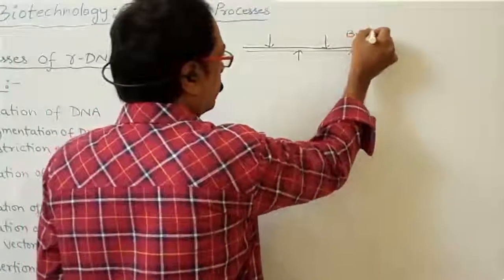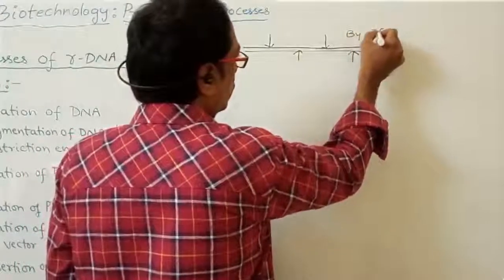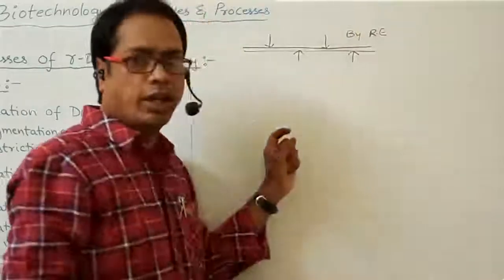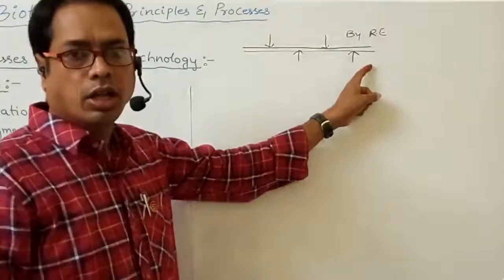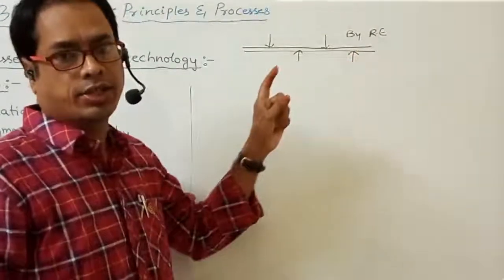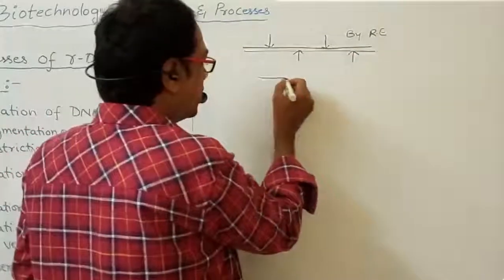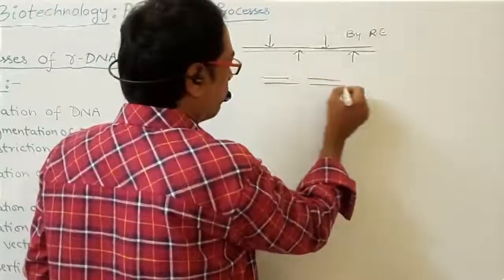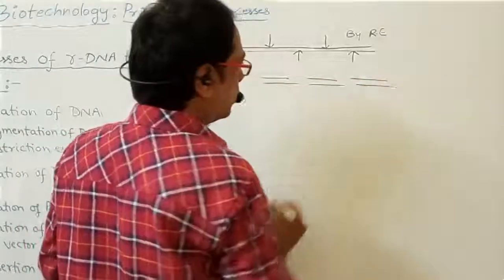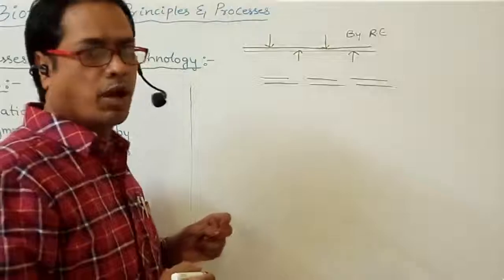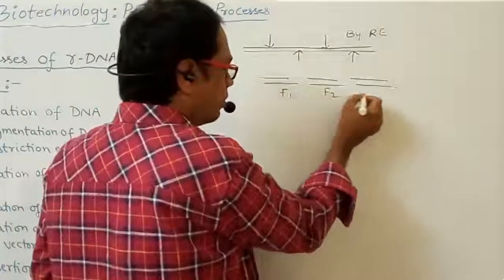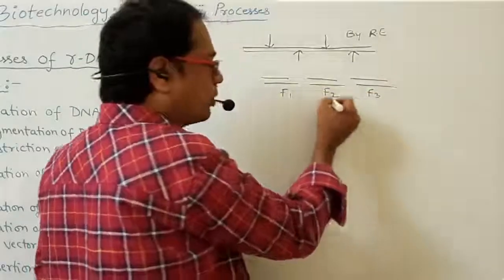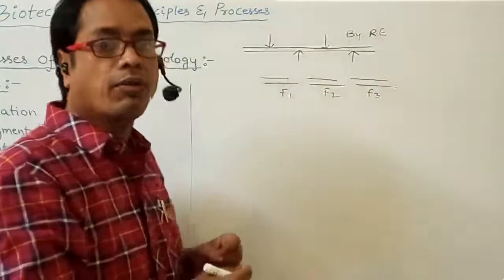By using restriction endonuclease, the long DNA can be cut so that DNA fragments will be formed: fragment 1, fragment 2, fragment 3, like that. So many DNA fragments will be formed.